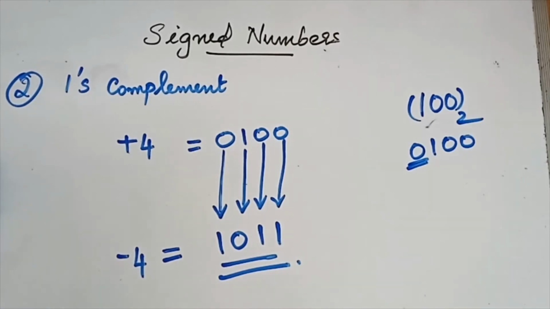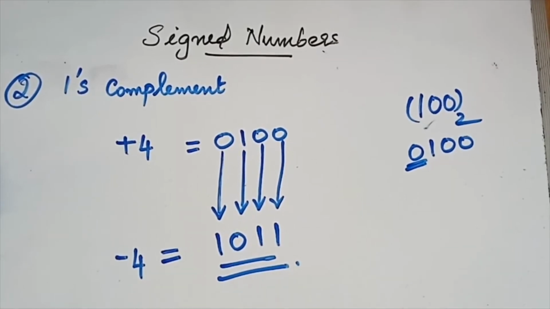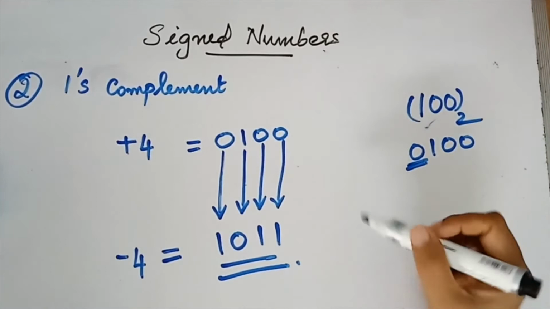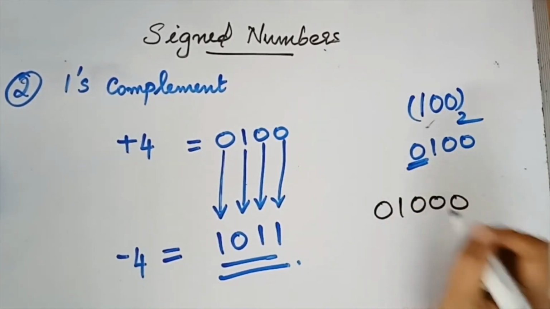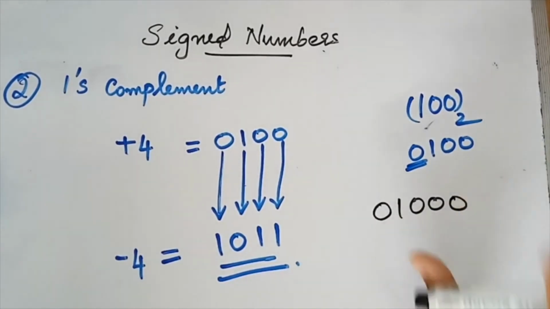So how do you know that one is positive and one is negative? Suppose I am given a number in zeros and ones, and I say that it is in the ones complement form. Suppose I am given, say, 0, 1, 0, 0, 0. This is the number, in the ones complement form.